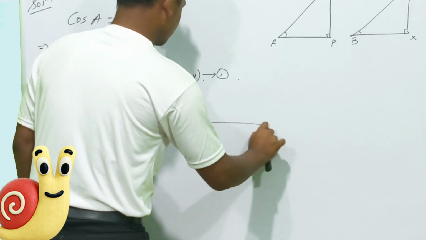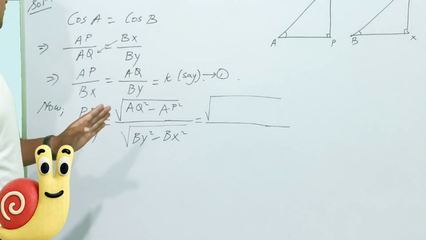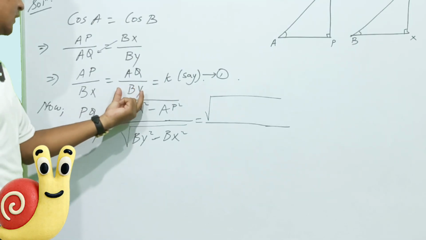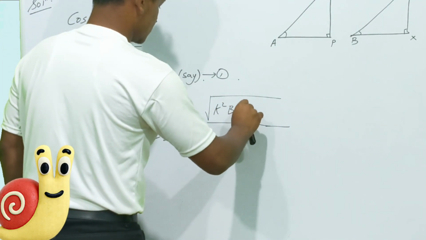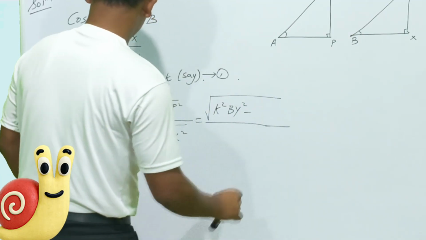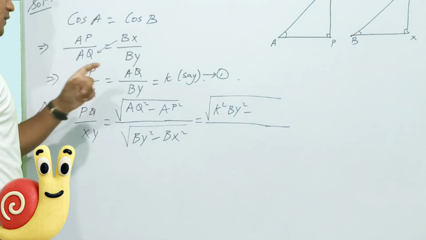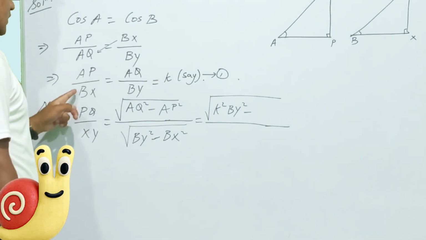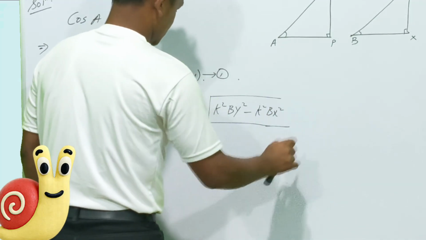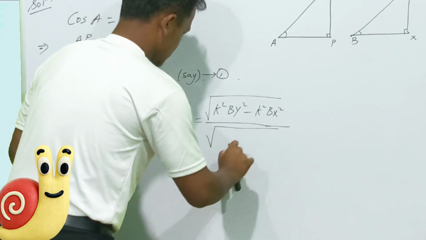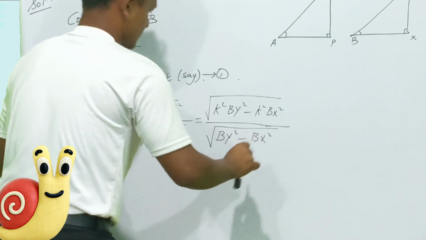So AQ from equation 1 will be K BY, so K square BY square, and AP from equation 1 will be K BX, so K square BX square. Just write the same thing in the denominator, BY square minus BX square.